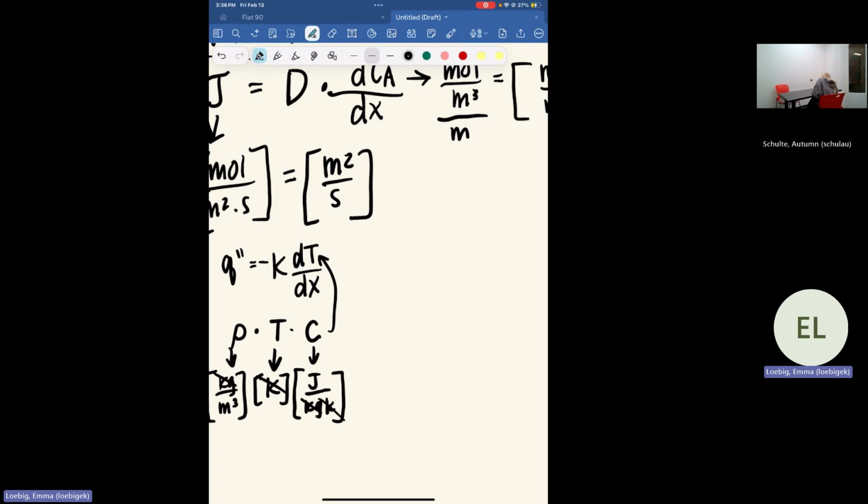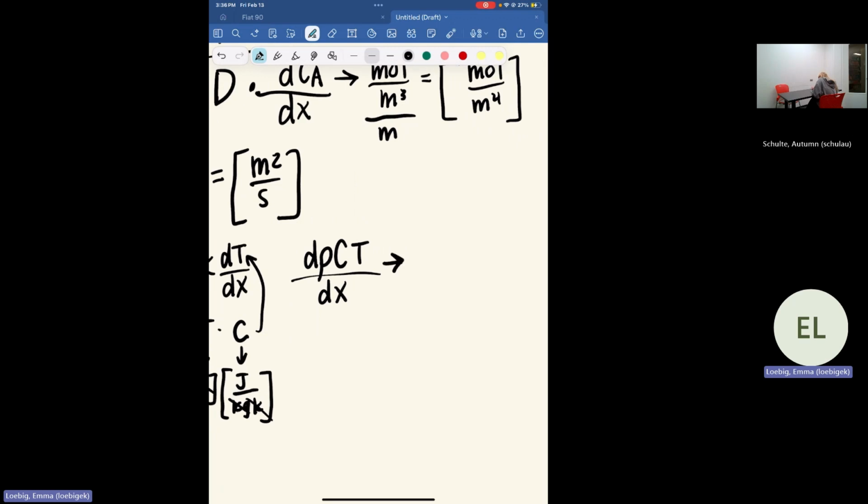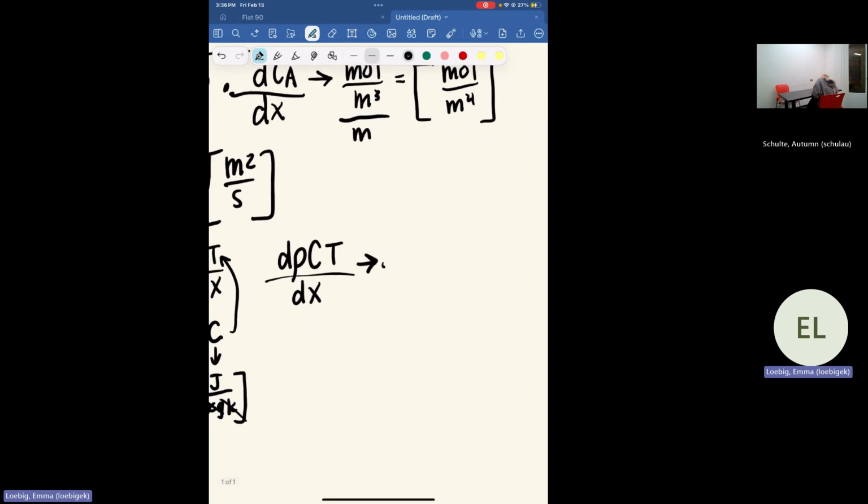So multiplying this, we're going to have the derivative of rho CT, all with respect to x. This term becomes our energy concentration.